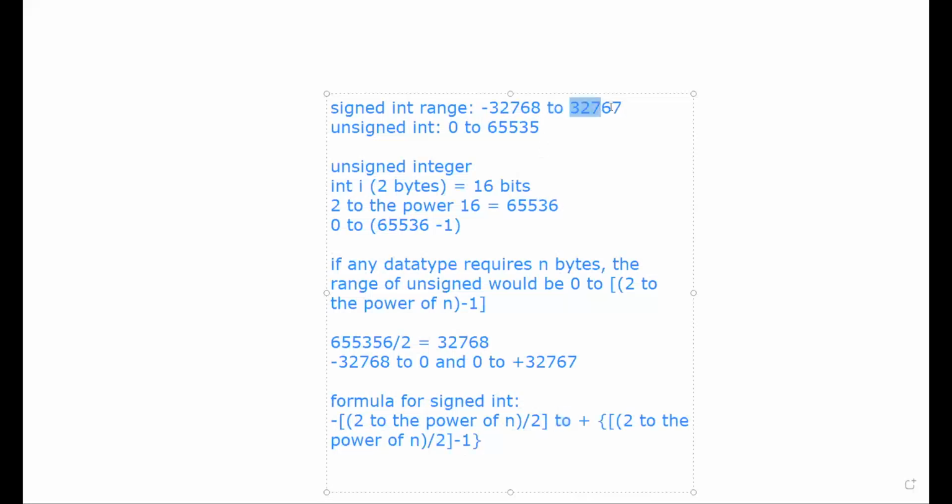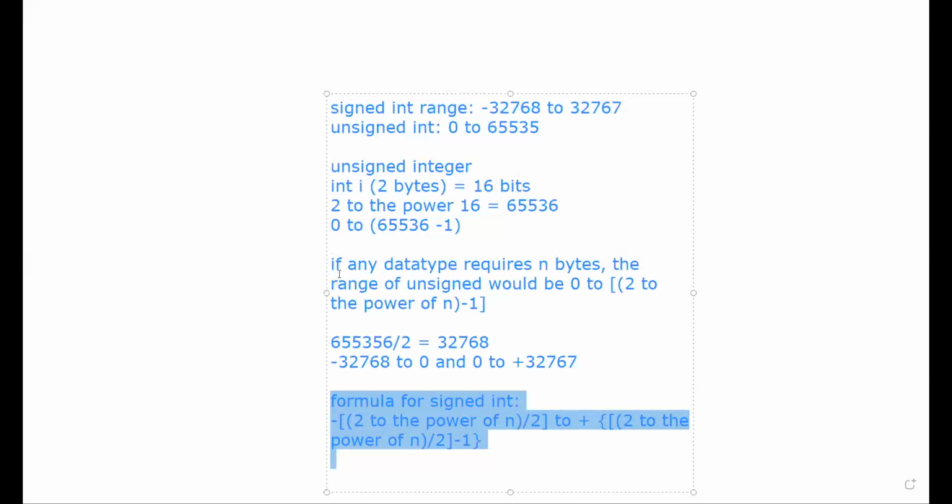Now how to get this value? It is again 65,536 divided by 2, which is 32,768 minus 1. So 32,768 minus 1 is 32767. So this is the range.